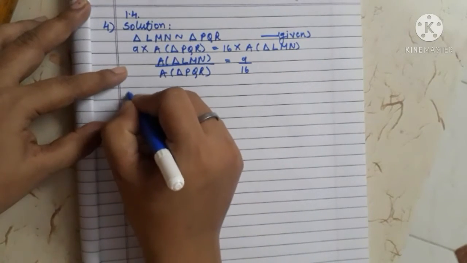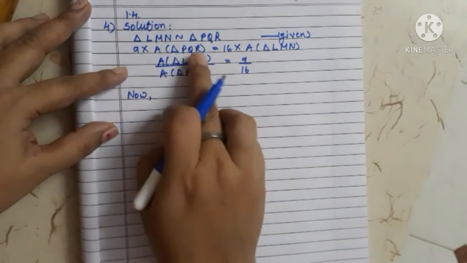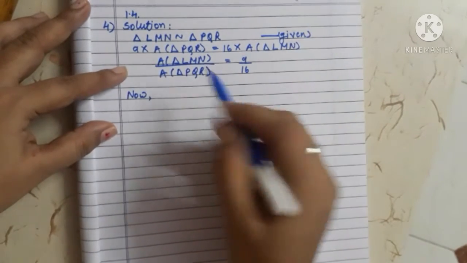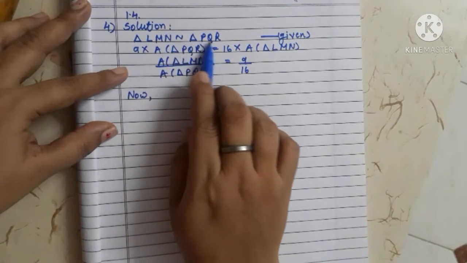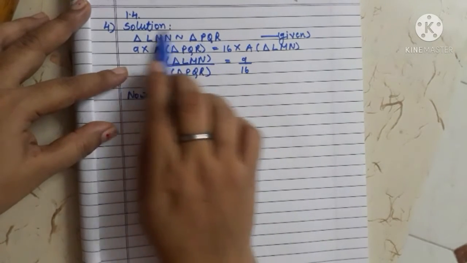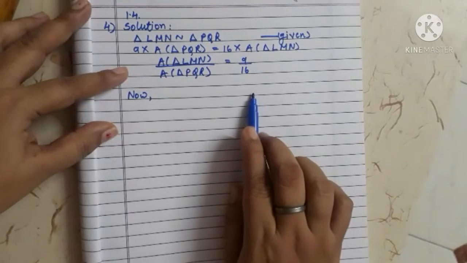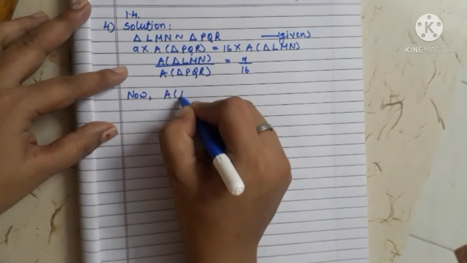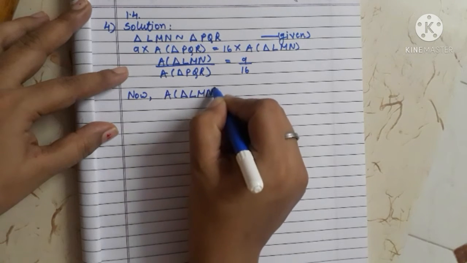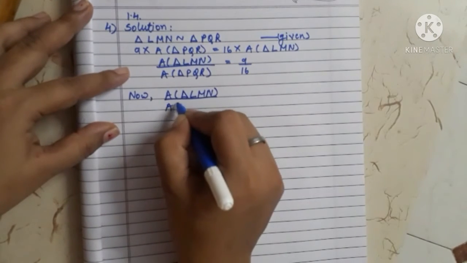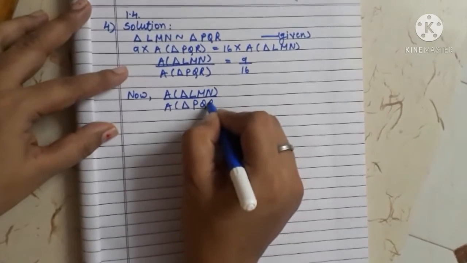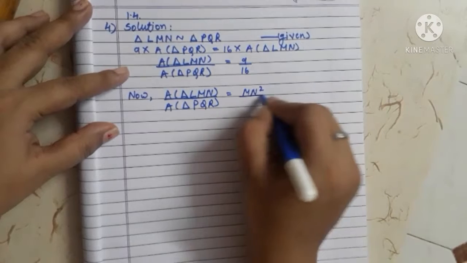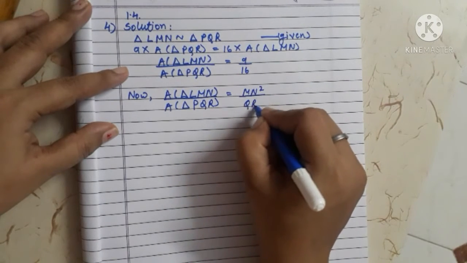Now children, these are the similar triangles as I have written. It is given in the question. Triangle LMN is similar to triangle PQR. So here we will apply the theorem of ratio of areas of similar triangles. Okay, so area of triangle LMN upon area of triangle PQR is equal to MN square upon QR square.